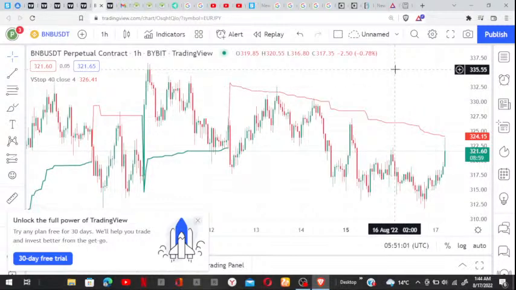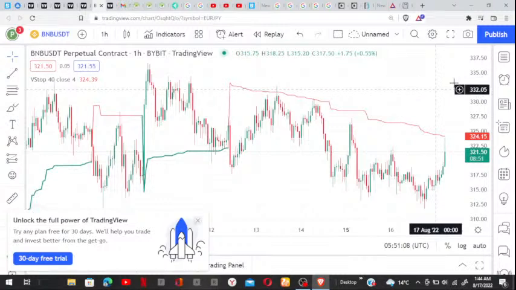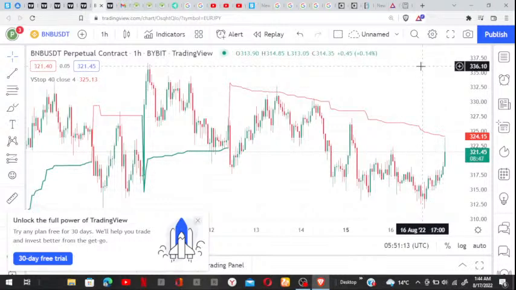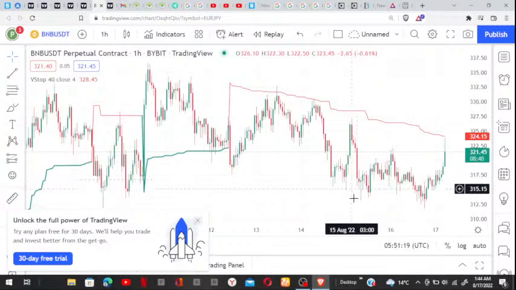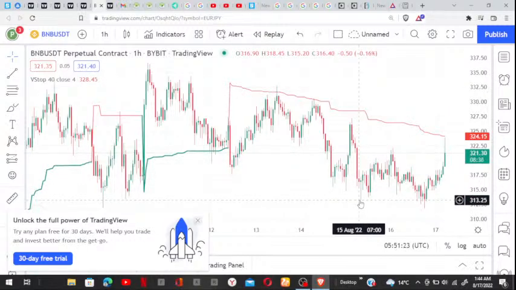For me, I'll expect this to rise maybe to this level, not sure though, but this is one of the zones that I should have my eyes on. That is 335, and this one being the area of interest, that is 313. So let's see how the market plays out.